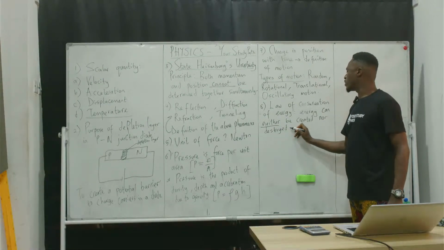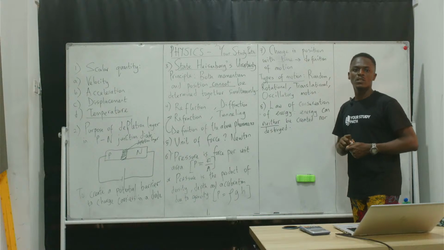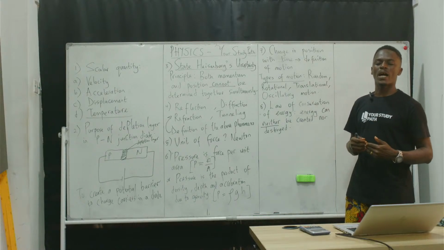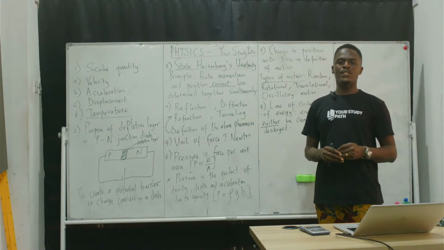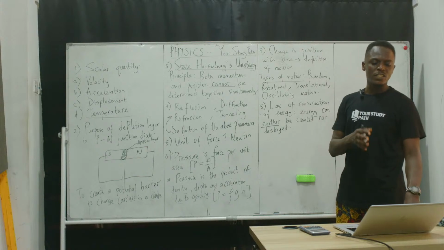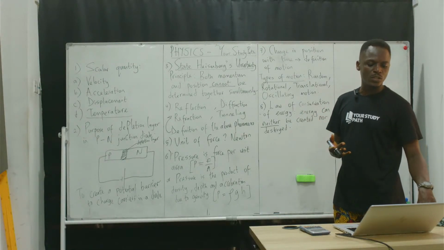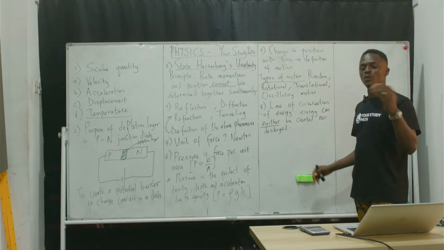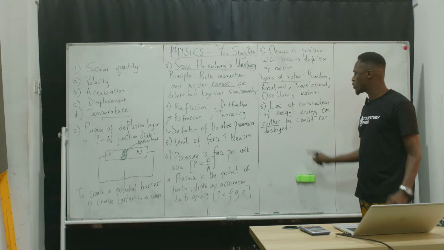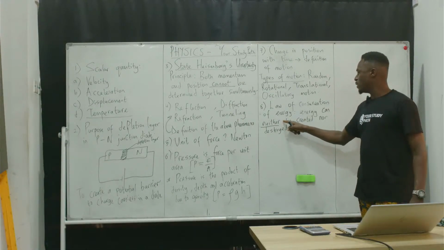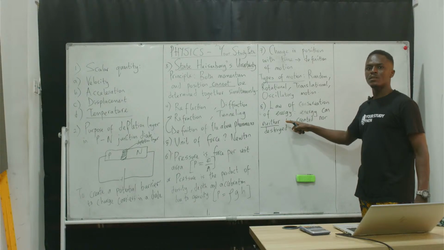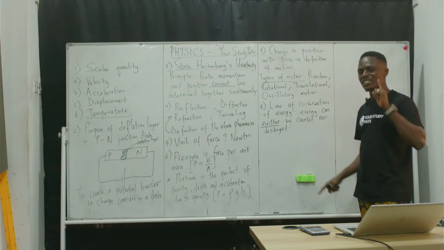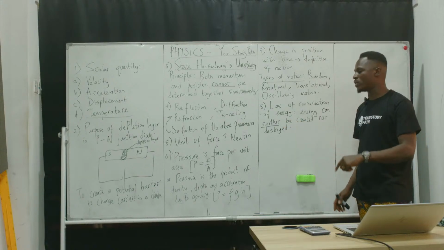Energy can neither be created nor destroyed. You can't create energy and you can't destroy energy. So as such, you won't have energy being created and energy being destroyed. Yes, energy can change from one form to another, but the problem is that what? You can't negate this part here. You can't isolate the fact that energy cannot be created and energy cannot be destroyed.